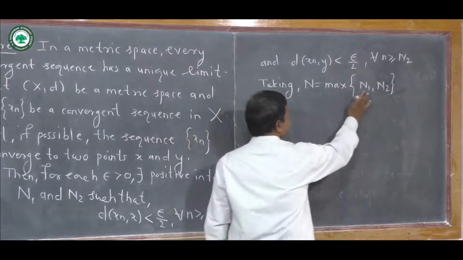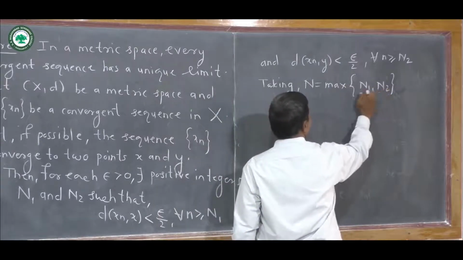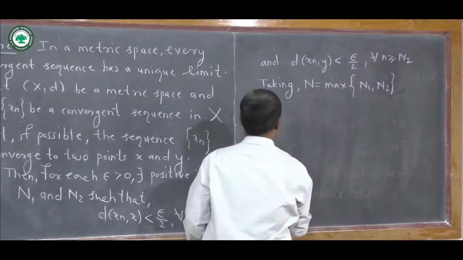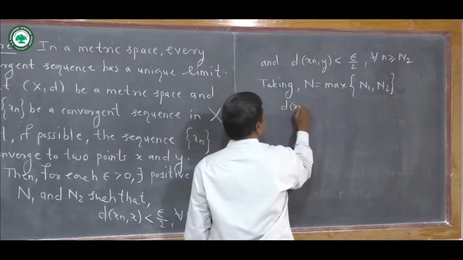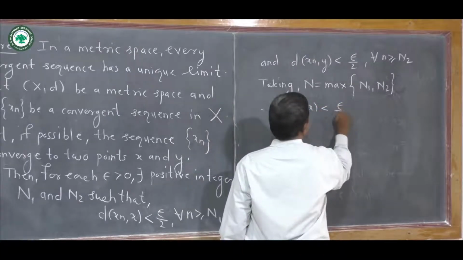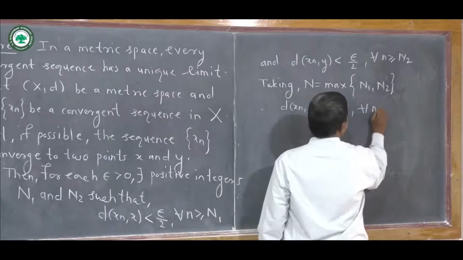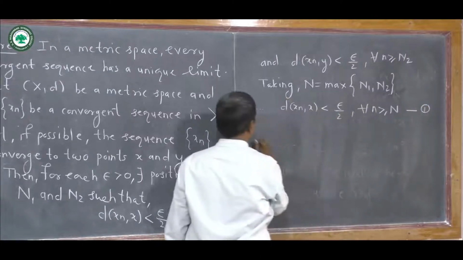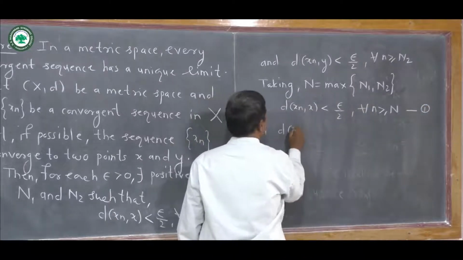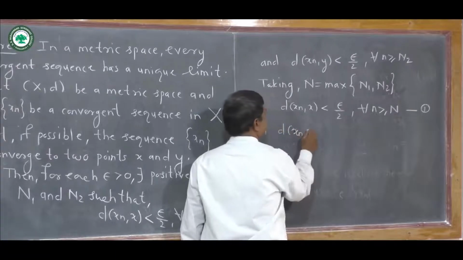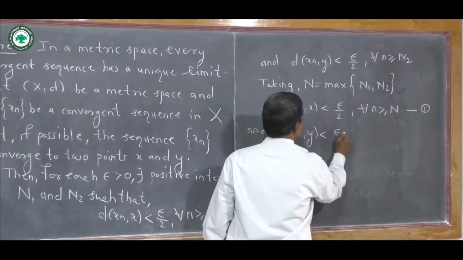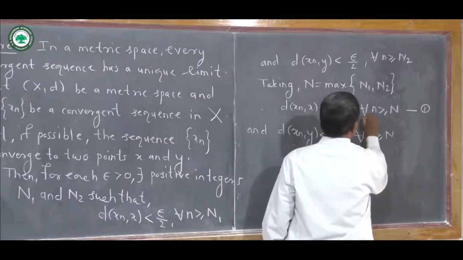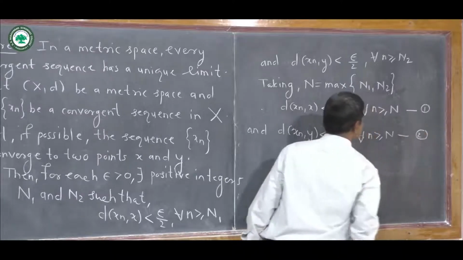That is, we take these values n1 and n2, consider the maximum among them, and take that value as capital N. Therefore we can write: the distance between xn and x is less than epsilon by 2 for all n greater than or equal to capital N, say this as 1, and the distance between xn and y is less than epsilon by 2 for all n greater than or equal to capital N, say this as 2.